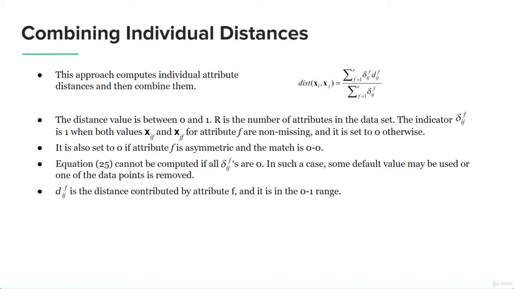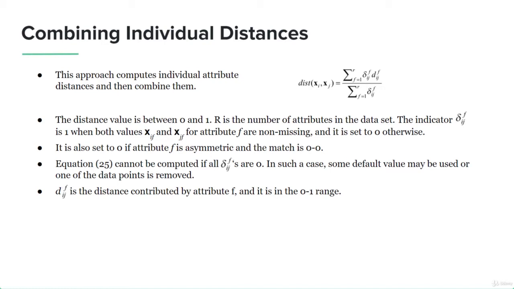The indicator sigma f ij is 1 when both values, x_if and x_jf, are non-missing, and it is set to 0 otherwise. So if they are available, it is set to 1. If either of them is missing, it is set to 0.